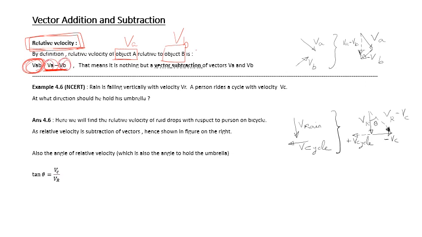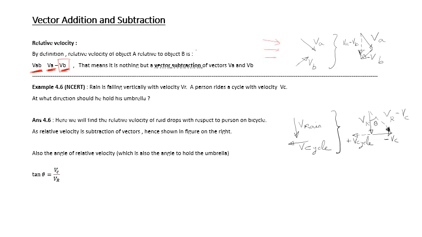As a point of concept, when we talk about relative velocity, we are theoretically assuming that this is the velocity of A assuming B is stationary. This is how we can imagine it. We consider object B as stationary in our mind, and then we see the relative velocity of A. So it's basically the vector difference VA minus VB.